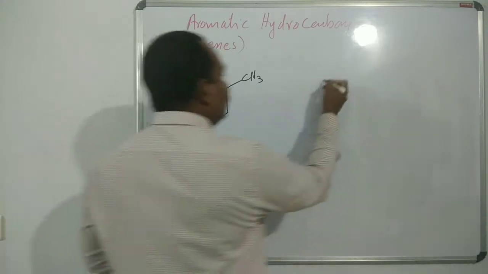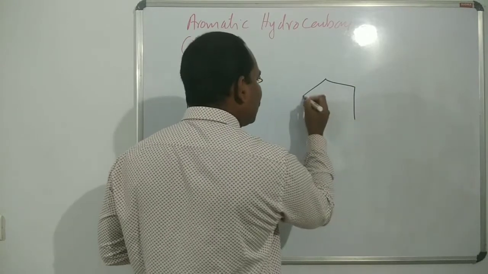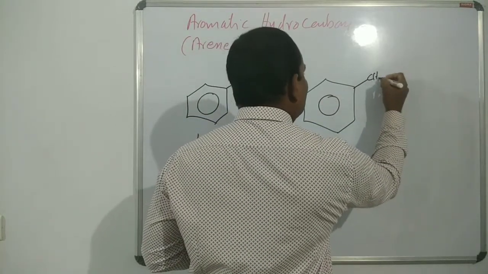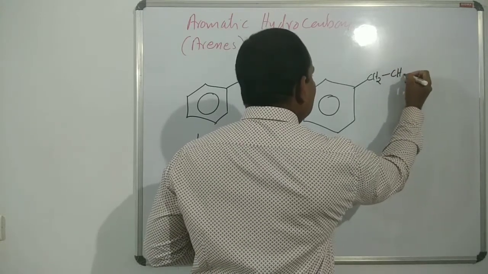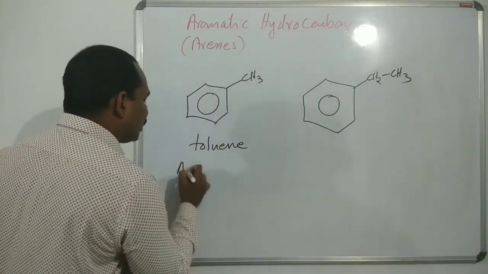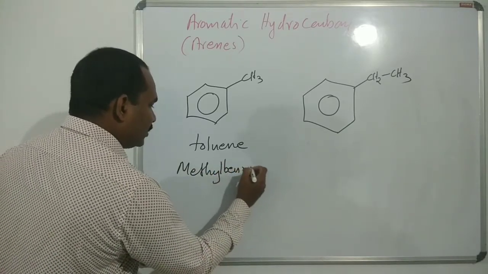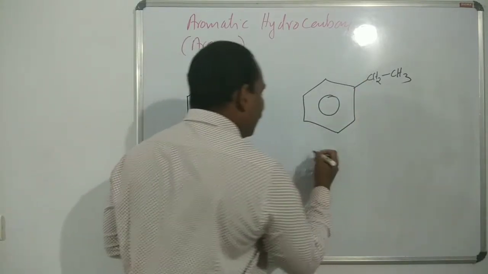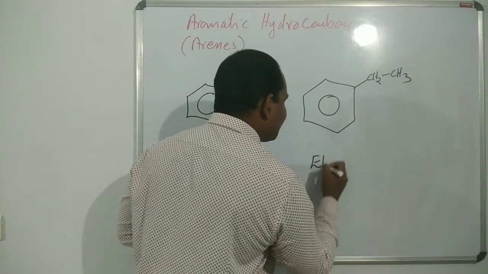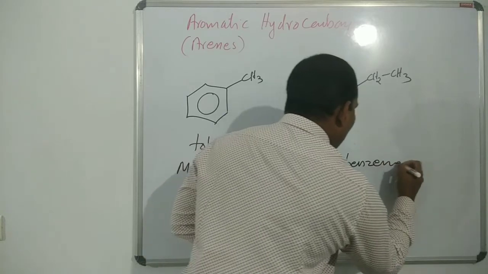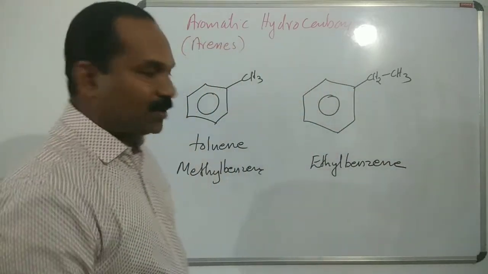And if an ethyl group, CH2CH3, is attached, the IUPAC name is ethyl benzene. The IUPAC name of toluene is methyl benzene.